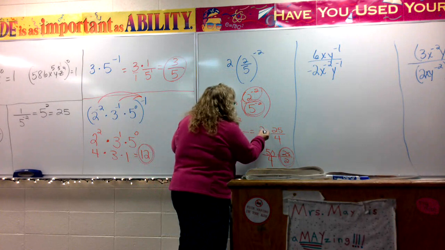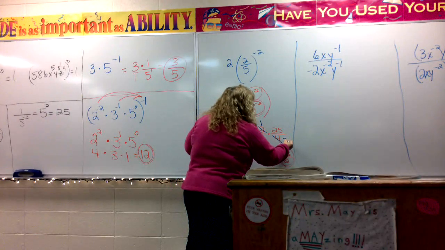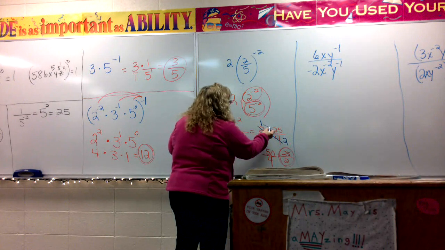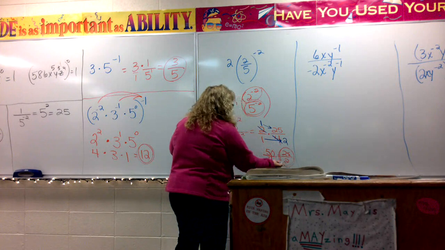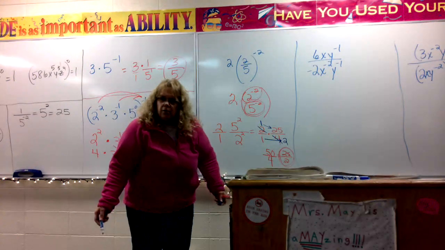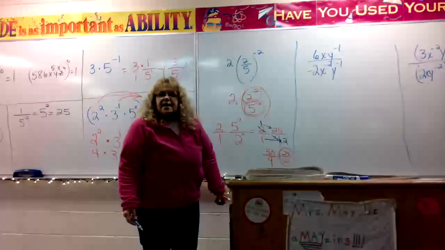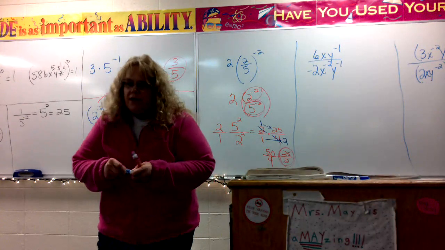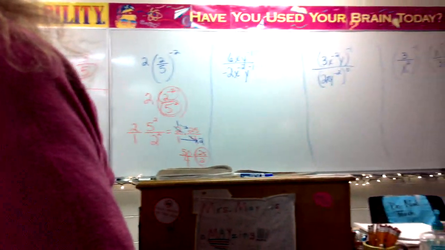Up here, you could divide this by 2. 2 goes in there once. 2 goes in there twice. And now multiply across. And then your answer will come out already reduced because you reduced back here. Either way, doesn't matter to me. Whichever way you prefer doing it is fine with me, as long as you show your work.